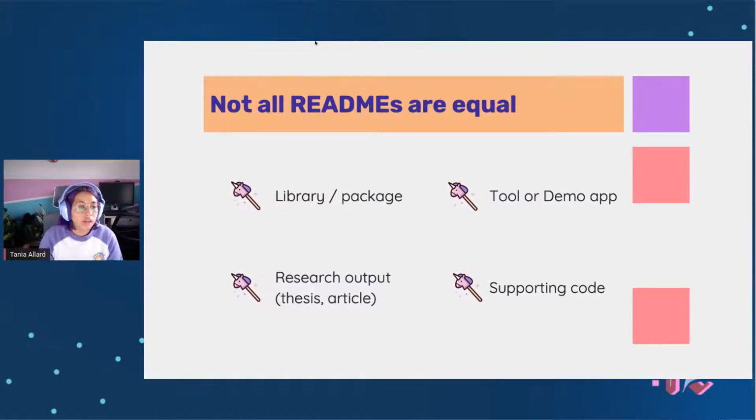So there are also a lot of repositories whose purpose is not just to contain the code base for the software that folks developed, say, to do NLP or machine learning or to do modeling of infectious diseases, but it's actually the repository where they contain the research outputs, whether it's a doctoral thesis or an article.